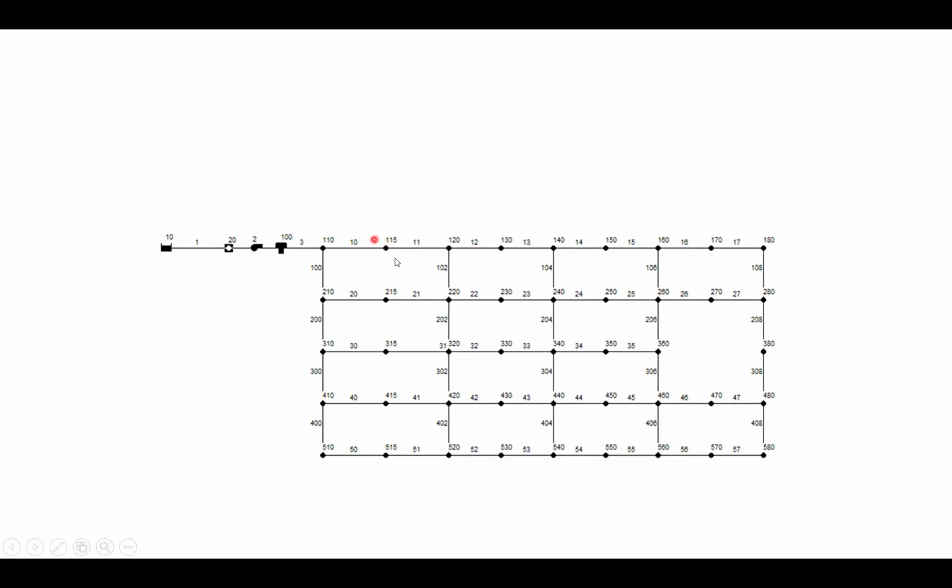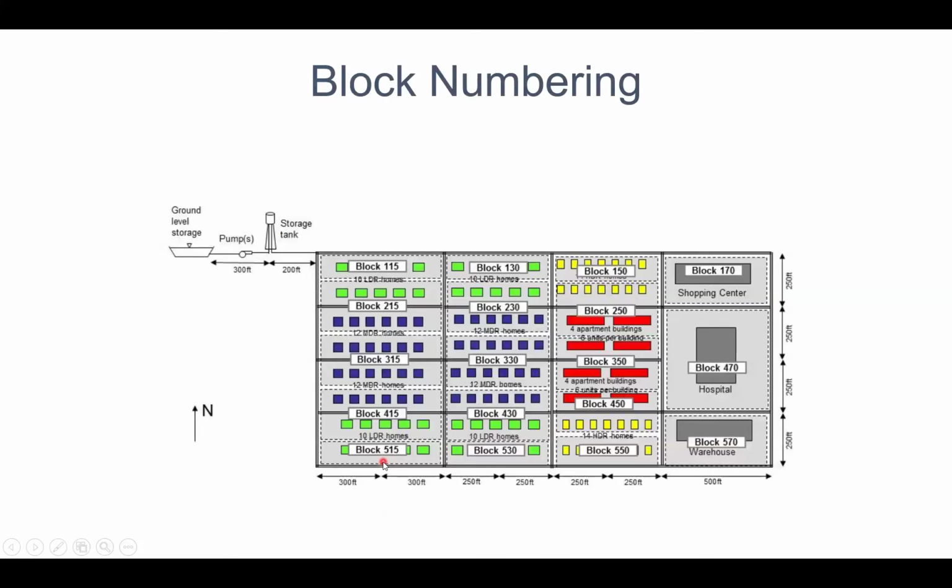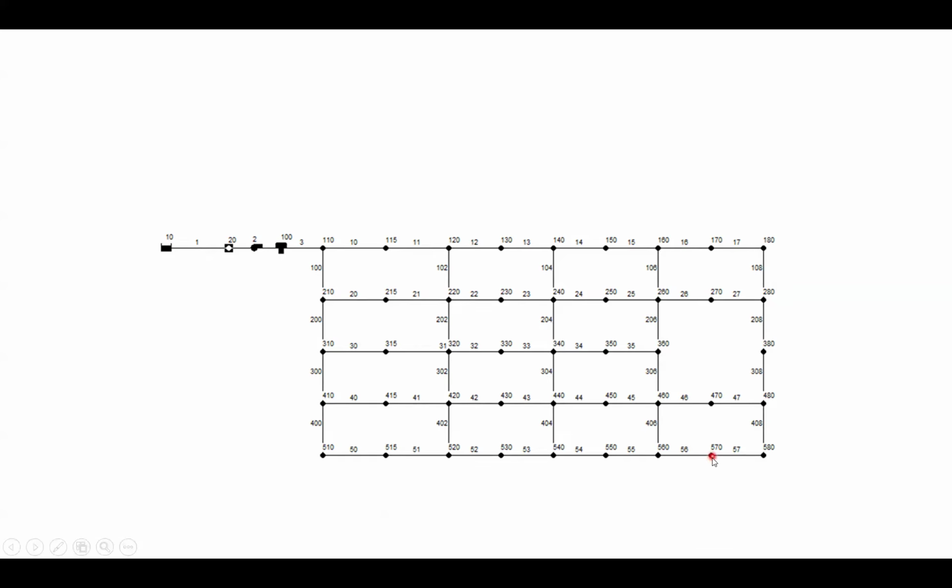We're going to change the demand at these nodes. So 115 all the way down to 515. That's block 515 over there. Block 570 for the warehouse. There's 570's node. So this is the node that's supplying water to that block.